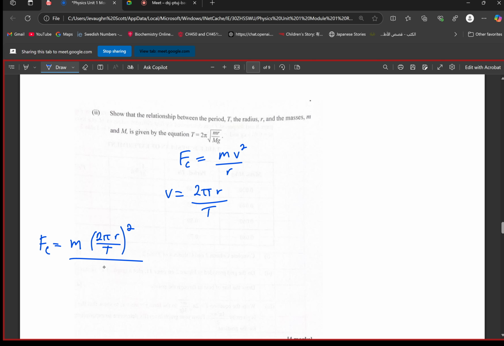And that's going to be equal to what now? m times 4 pi squared r squared divided by T squared r. Are we following?